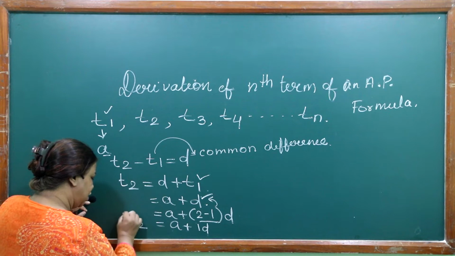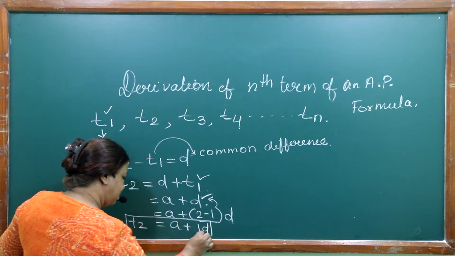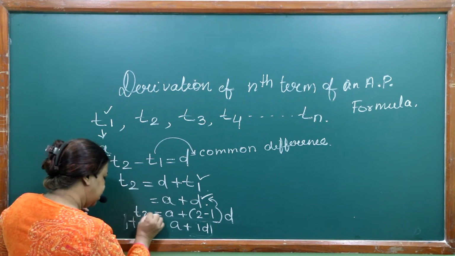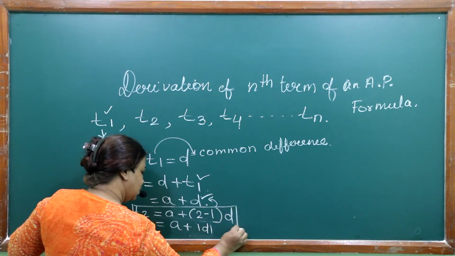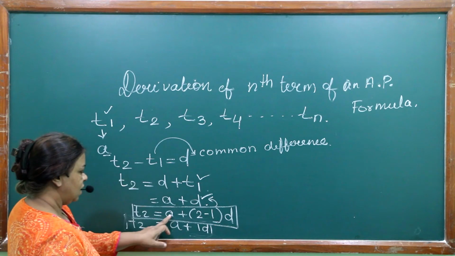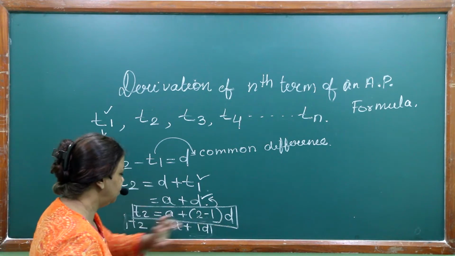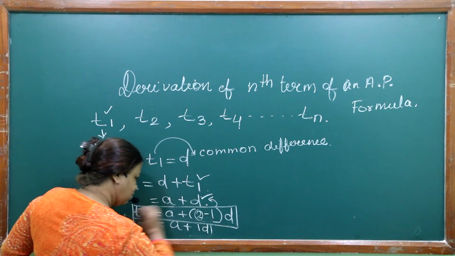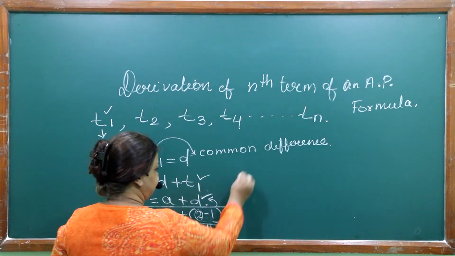So T2 is equal to A plus 2 minus 1 into D. Remember this. Fine.